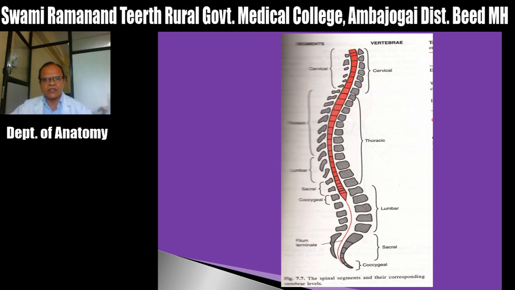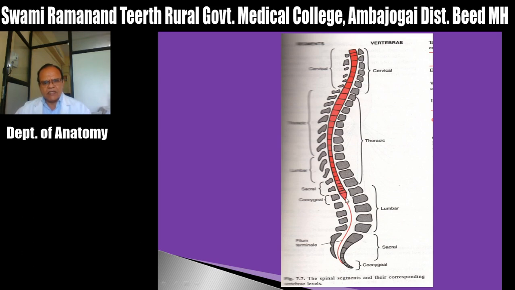Okay, now this is the picture. Can you see here? This red color is the spinal cord, and this beaded appearance on the external aspect is the vertebral column. Now see, the length of the vertebral column and the length of the spinal cord are not matching. Actually, in the third month of intrauterine life, the spinal cord and the vertebral column lengths are equal.